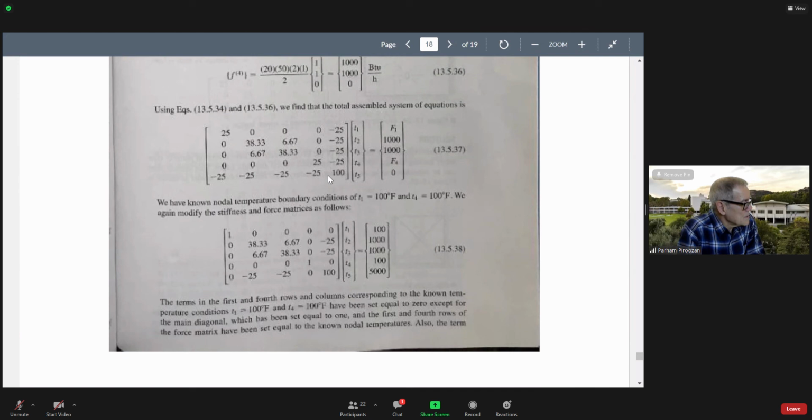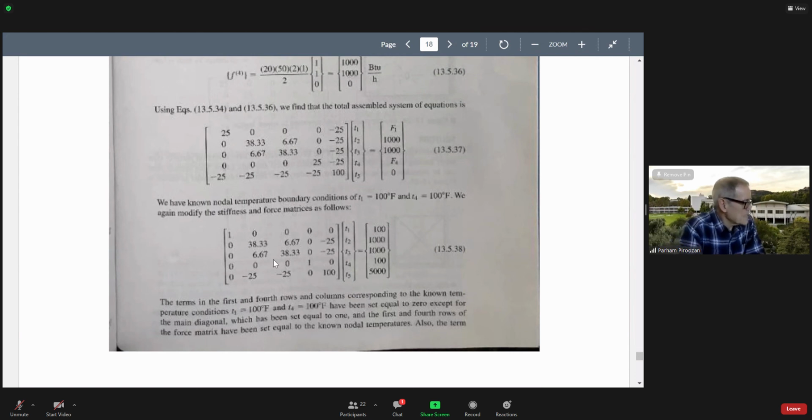Look at this last row, compare it to this one. You see this term was changed to 0. This is the same as this, this is the same as this. This one was changed to 0, and this is the same. So where is it coming from?